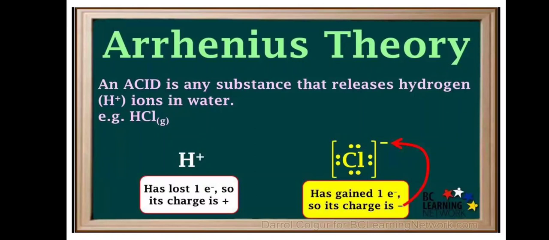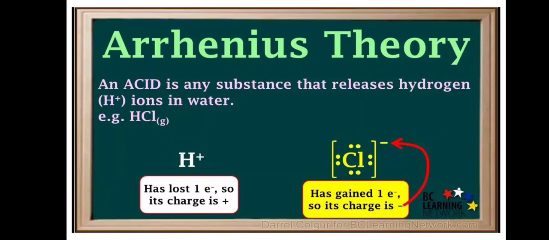Then we know that chlorine is more electronegative. That's why chlorine attracts both of the paired electrons towards itself. As a result, hydrogen has lost its 1 electron, so it gets a plus charge, whereas chlorine gained 1 electron, so its charge is minus 1.